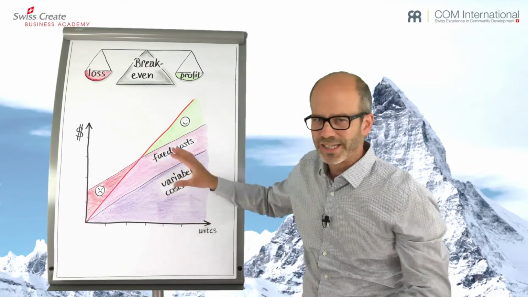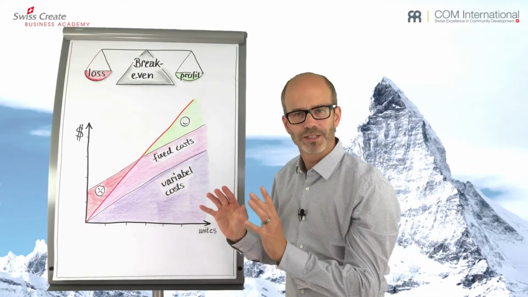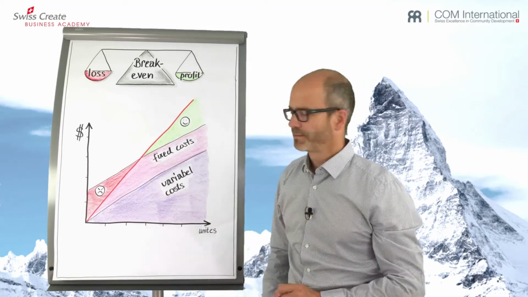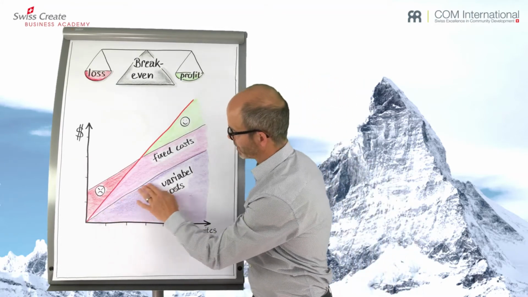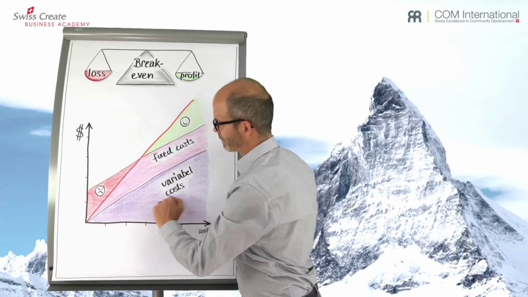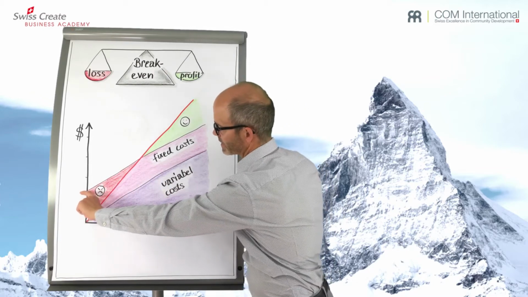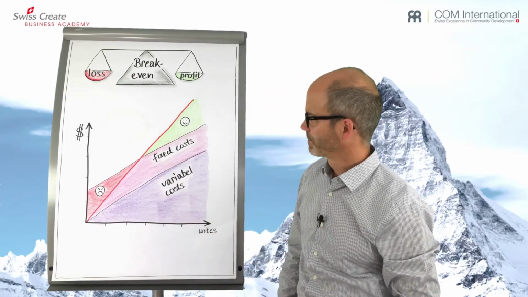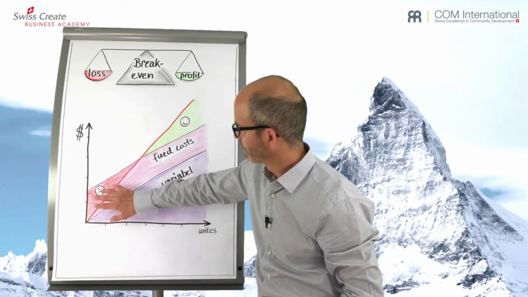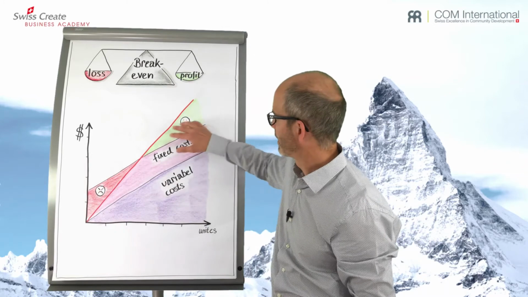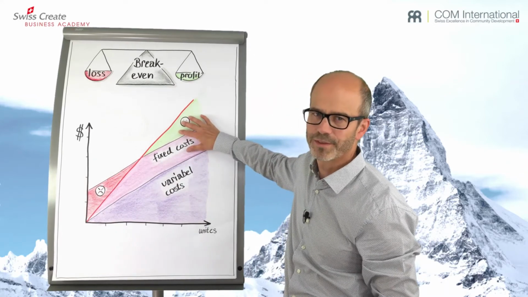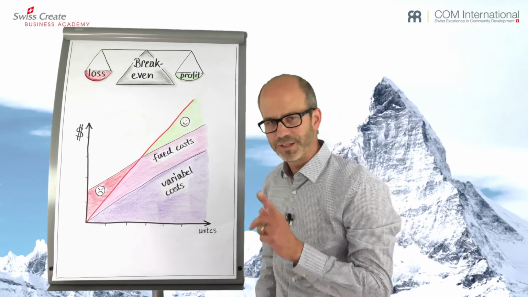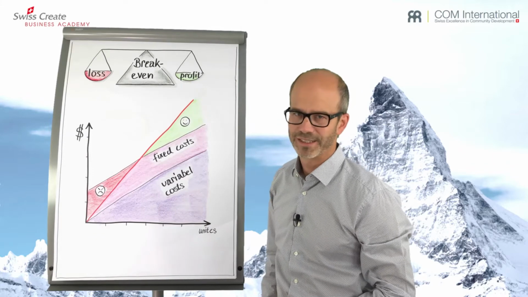As you can see, it's exactly the same diagram, but with another setup. First, you have the variable costs, and then you have the fixed costs with a parallel line. And it's the same with loss zone and profit zone. But something is different now. It's easier to see.